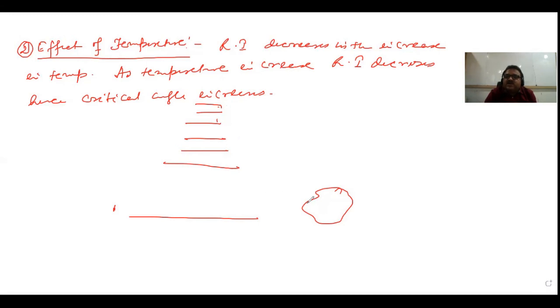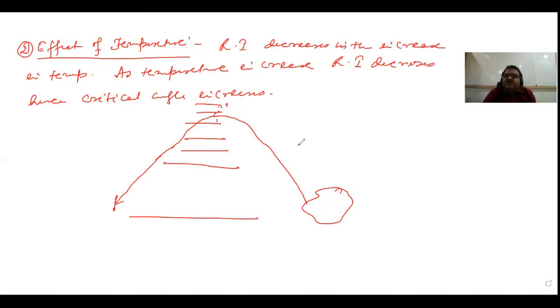So what is happening? Light is moving from denser to rarer medium, and when it suffers total internal reflection, it goes back like this. Clear? And for the observer, it seems like there is a pond or a source like this, and that is the confusion. So this is the concept of critical angle and total internal reflection.